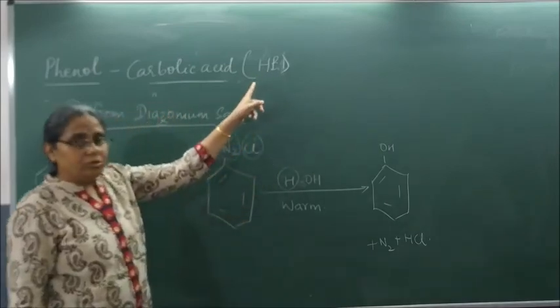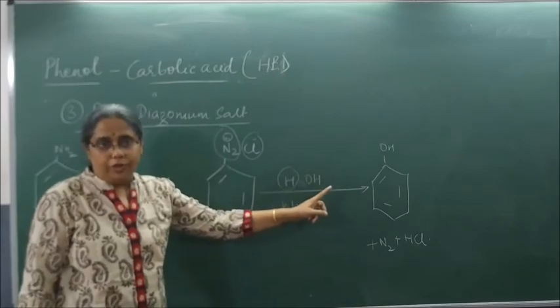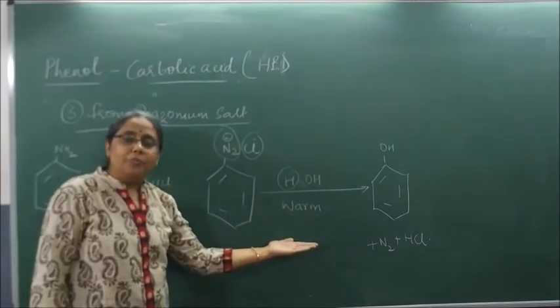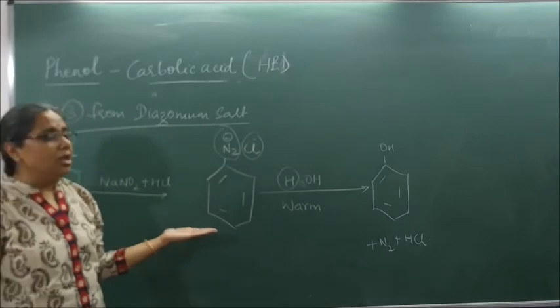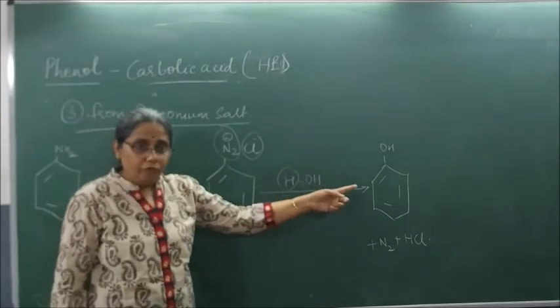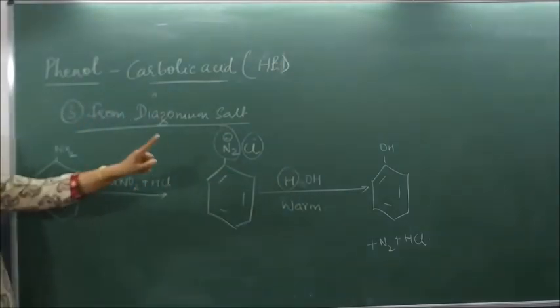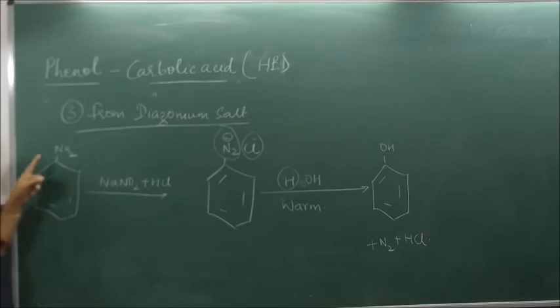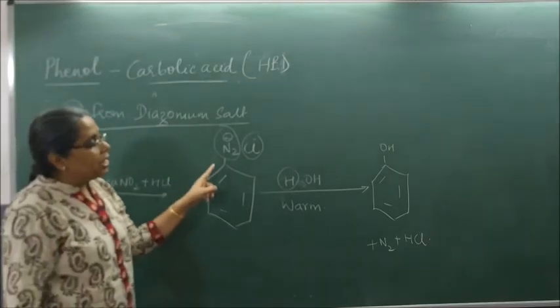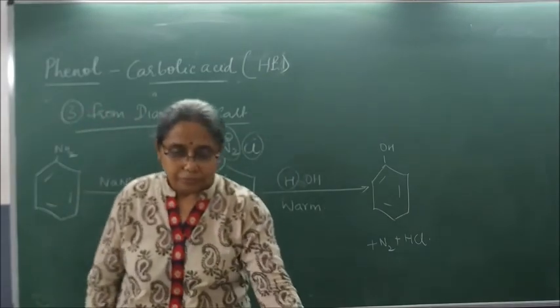Third, diazonium salt. When they are warmed with water, they give you phenol. This is a very important method for all CBSE students because it helps in conversion of aniline into phenol. Convert aniline to diazonium chloride, and from diazonium chloride warm it with water to get phenol.